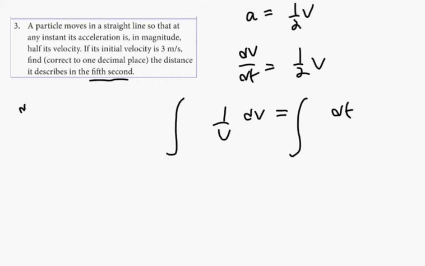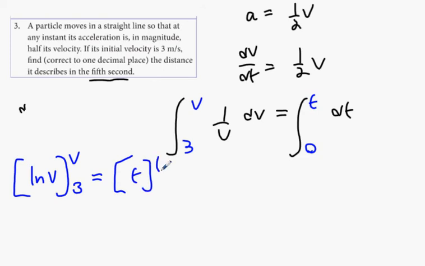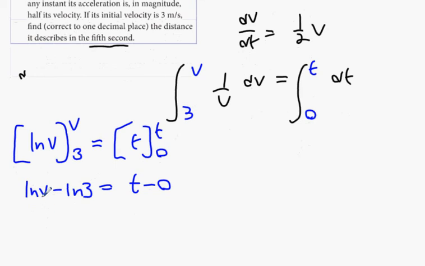What are my limits? 3 and 0, t and v. ln v from v to 3 ends up to be t from t to 0. ln v minus ln 3 equals t minus 0. Using the subtraction rule of logs, ln v over 3 equals t.